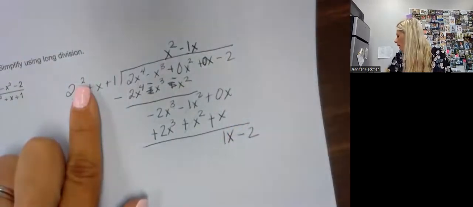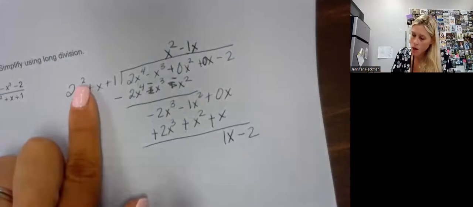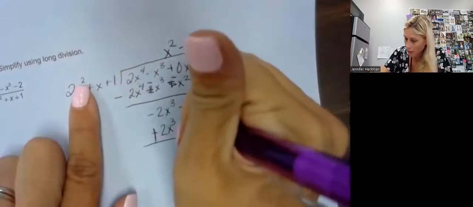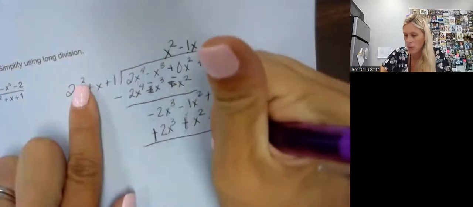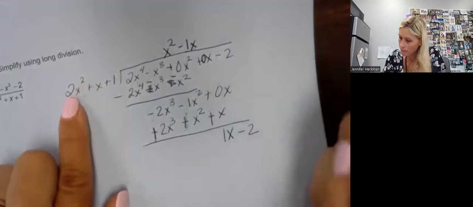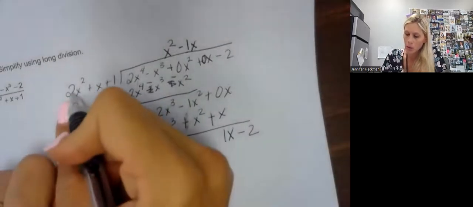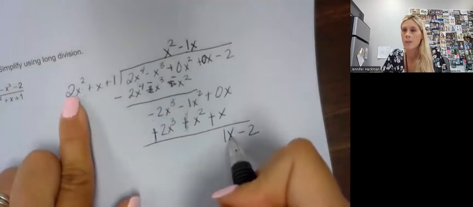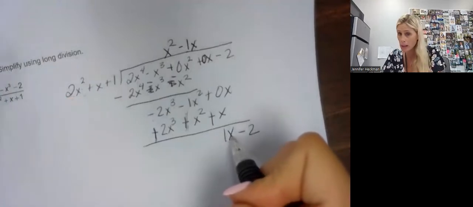By the way, in the past I've done this. If I want to know that I've changed my signs, I might use a different color, and you guys can do that too. That way I know I changed my signs. Okay. All right. Now, can we make 2x squared into x? No, we can't go backwards.